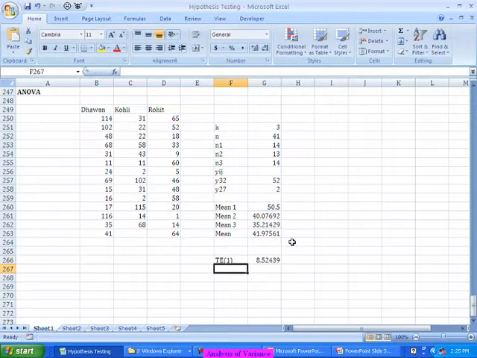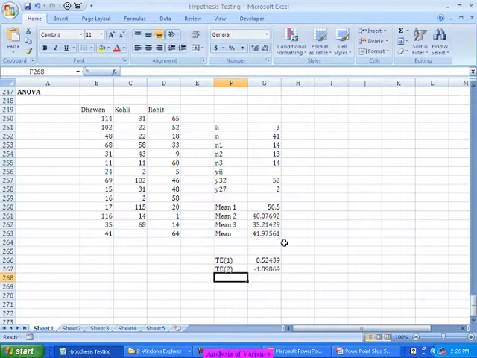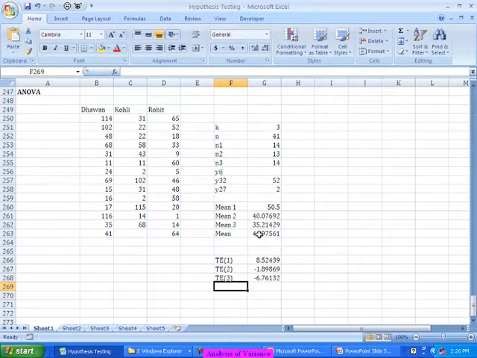So TE1 in our case comes out to positive 8.5. TE2 is the individual mean minus the overall mean, which is minus 1.89, and TE3 works out to 35.21 minus 41.97, which is minus 6.76.